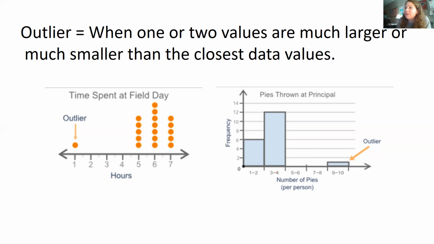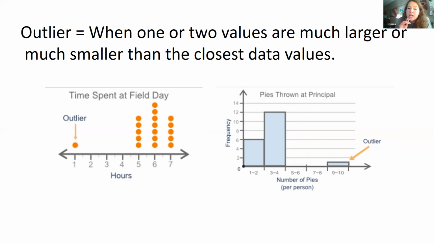Well, same thing with this. The number of pies that got thrown at the principal per person, well, between 1 and 4 is where most of our responses are, but then we had one person that threw either 9 or 10. So when we found the mean and we add in that big number, it's going to make it look like people threw more pies than they actually did.